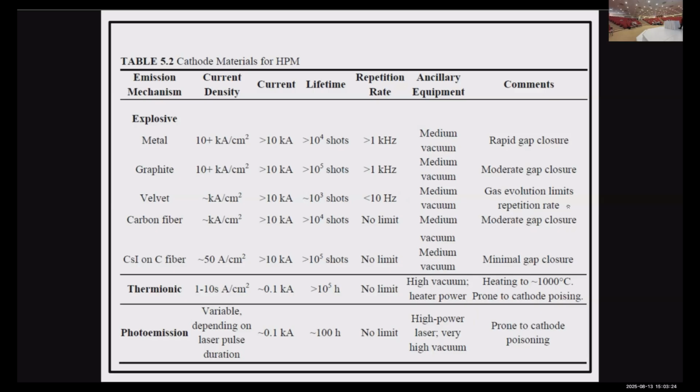And when you say carbon fiber, is it graphite, graphene, or nanotubes maybe? Well, fibers are of many types. What type of allotrope are they? I have no idea.